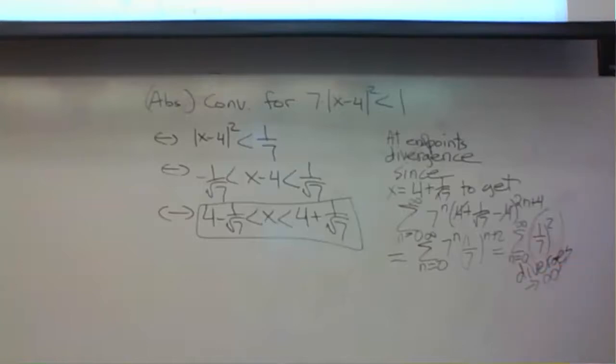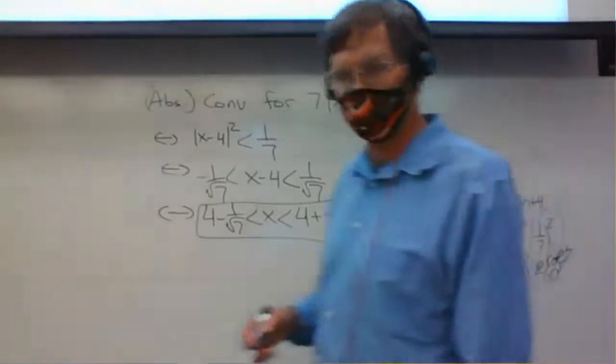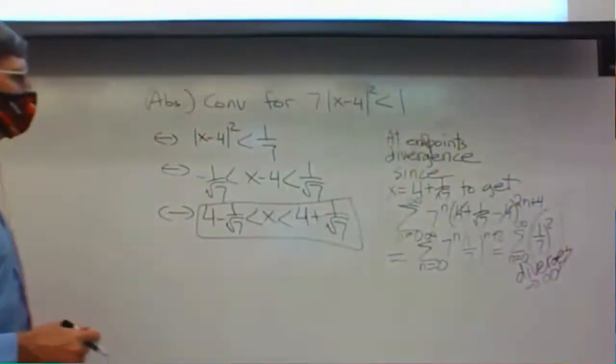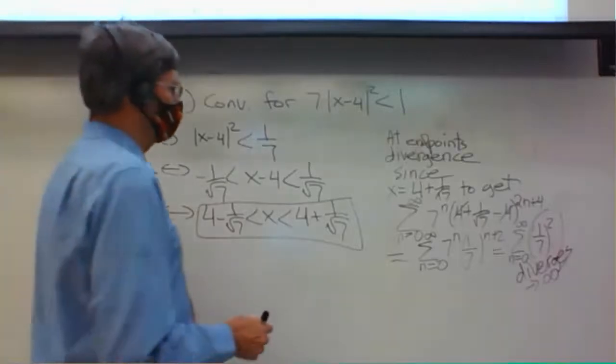Same thing at the other end, but if you recognize that the thing is actually a geometric series when you plug it in like this, then you'd already know that at the endpoints you're just adding the same thing over and over. Same at the other endpoint.